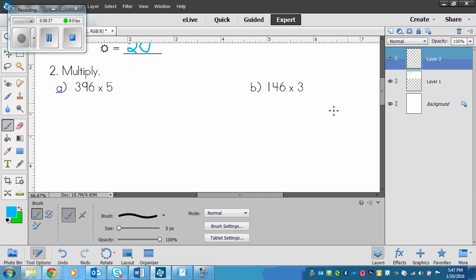Okay, next up we've got multiplying 2 different numbers. The first one I will show expanded form. Actually, because we just looked at expanded form up here, we'll do base 10 blocks for this one. So we've got 396, and that means that to show 396, I'm going to need 3 hundreds.